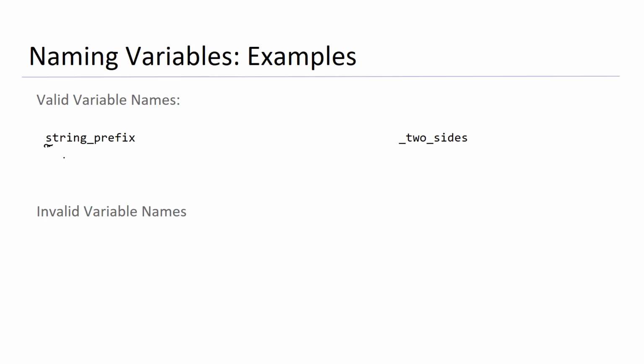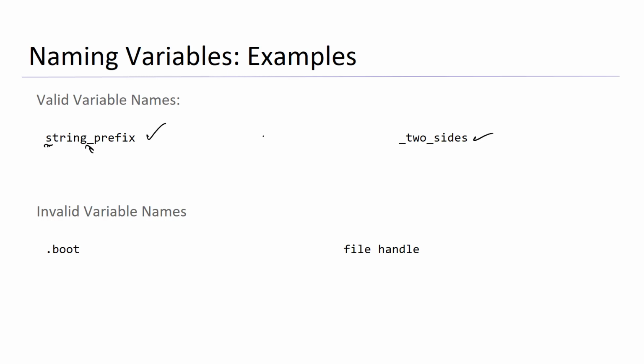And if you look at the rest of the characters, they are letters, and you have an underscore in here, and letters and underscores are okay. So this is a valid variable name. This is again a valid variable name. It's not a keyword, and it starts with an underscore, and the remaining characters are letters and underscores. So again, that's a valid variable name.